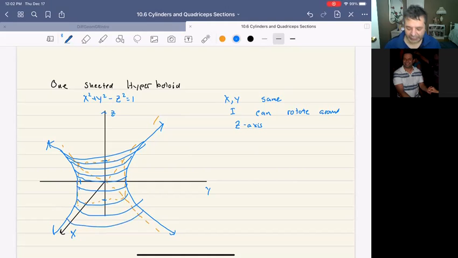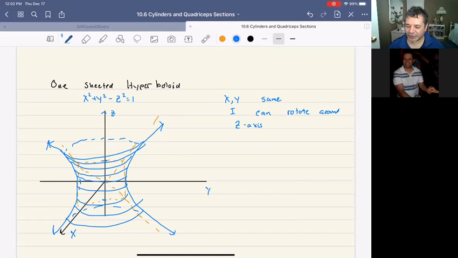So this is a one-sheeted hyperboloid, because it's one whole structure. All right, so far, so good.